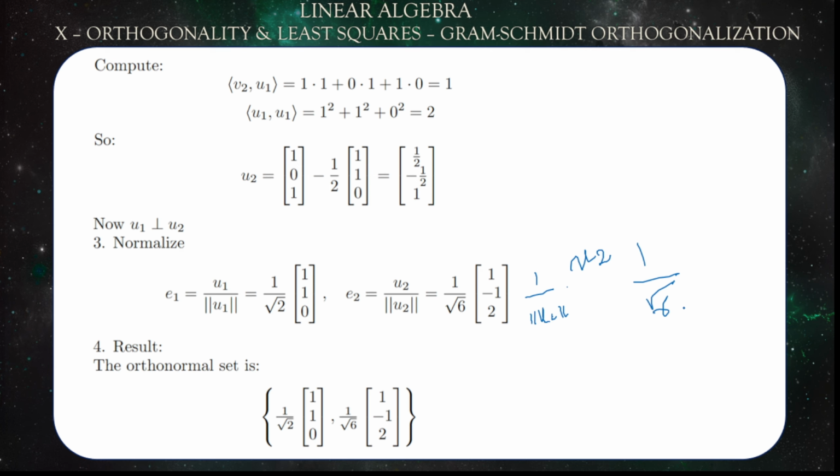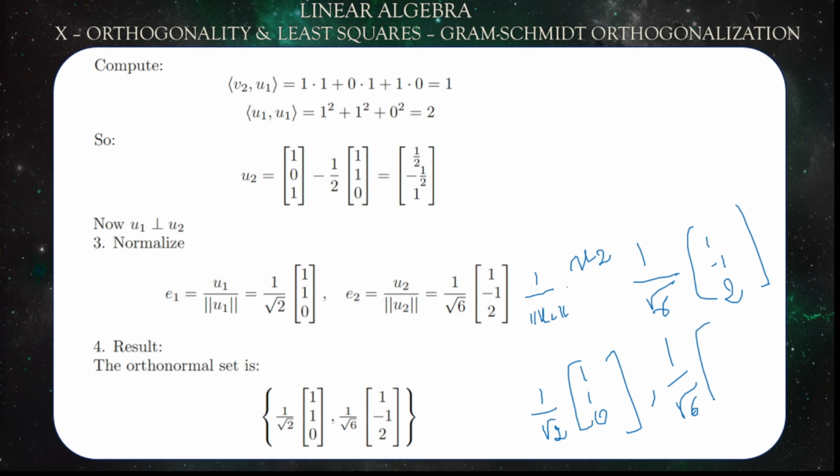Then, okay, you divide 1 over square root of 6 and you multiply with the u2 vector, which is 1, minus 1, 2. Okay, the orthonormal set is then 1 divided by square root of 2, 110. And the second one is 1 divided by square root of 6, 1, minus 1, 2.